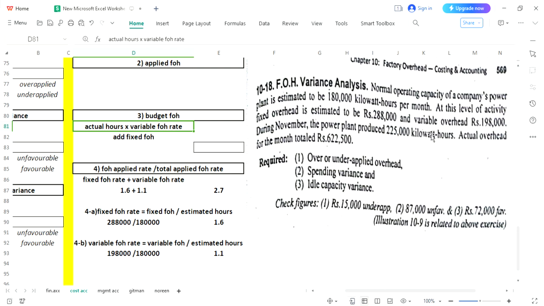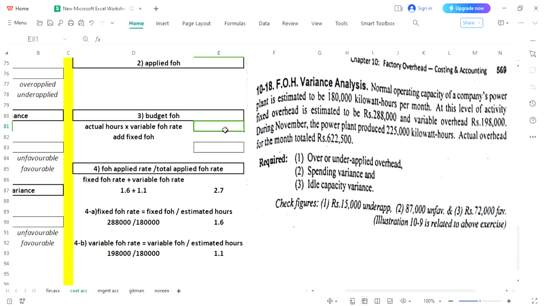Come over here, and here during November the power plant produced, actually it's the production, 225,000. Actual overhead for the month is 622,500. So the actual number of units or hours produced is 225,000.